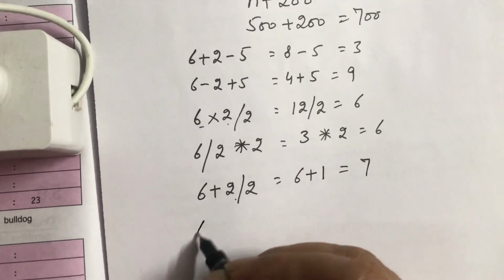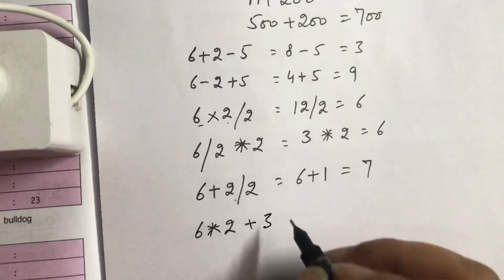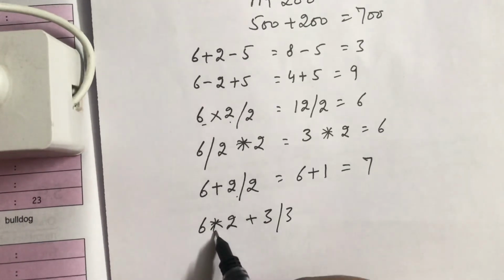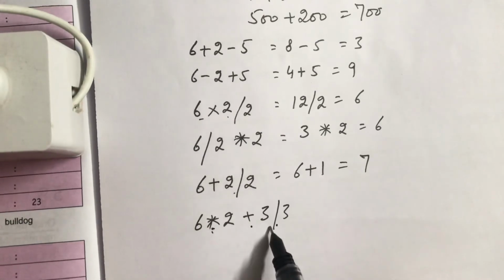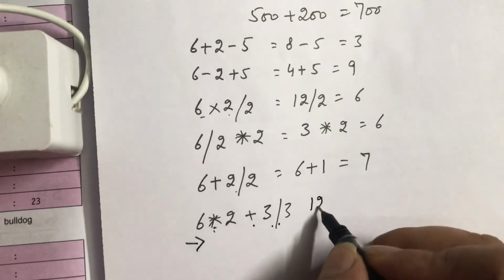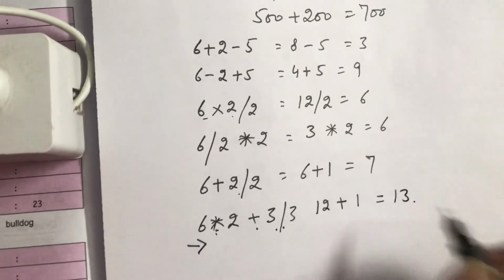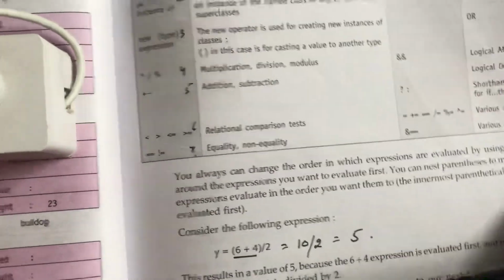So if I write 6 into 2 plus 3 divide by 3, now see, here we have multiplication, here we have division, and we have plus. So multiplication and division have a higher precedence. As we go from left to right, we'll get 12 plus 1 is equal to 13. This is how the operator precedence works.